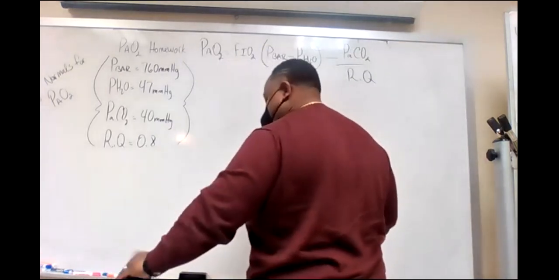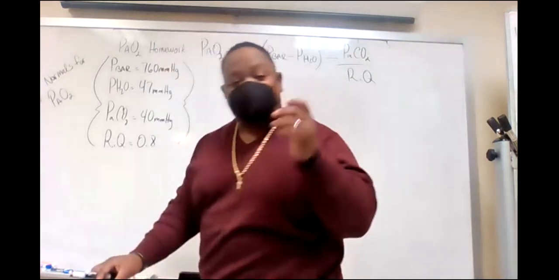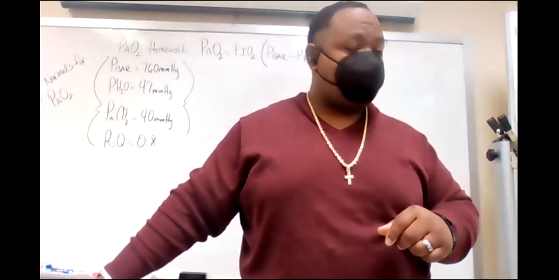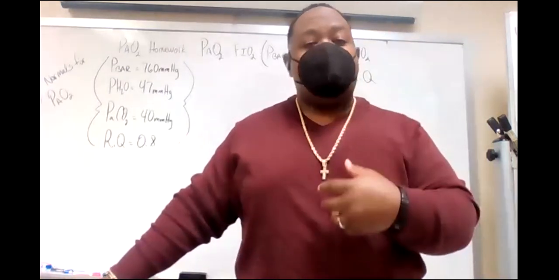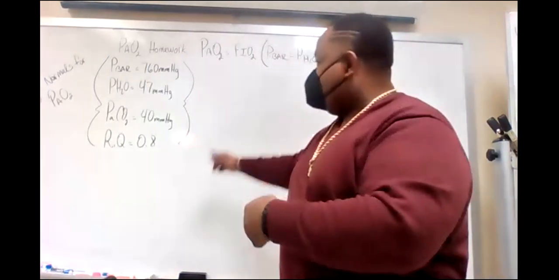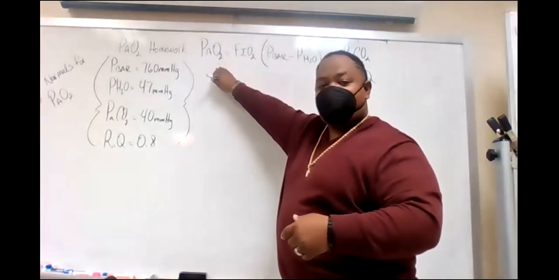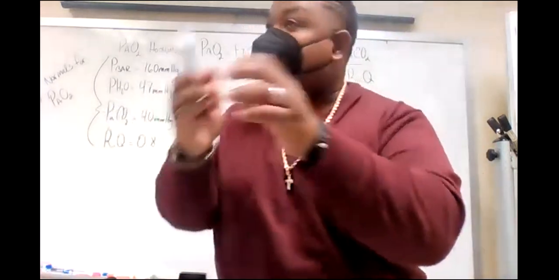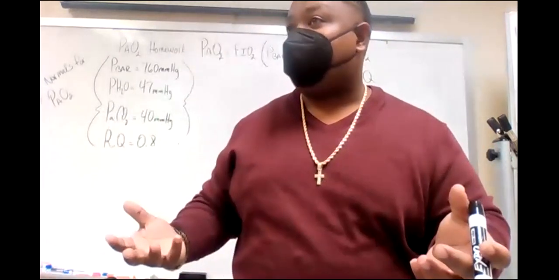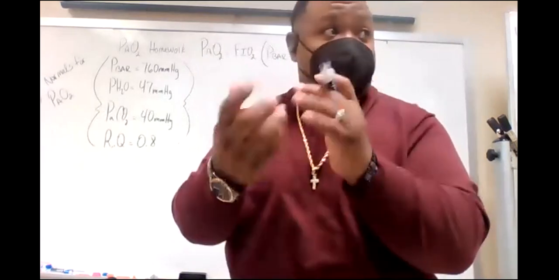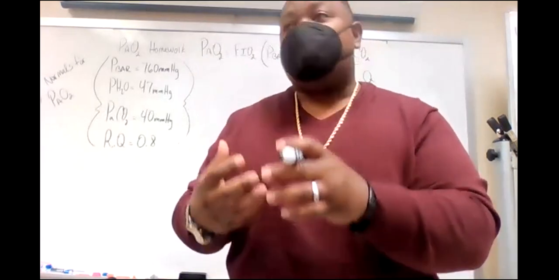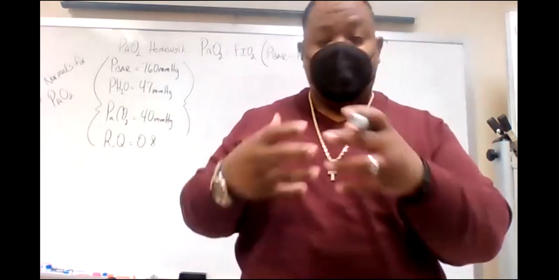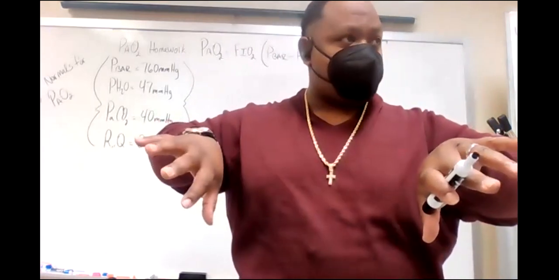The Aa gradient is the difference between the alveolar oxygen pressure and the arterial oxygen pressure. When we inhale and get this alveolar oxygen tension in our lungs, it should readily transfer into the arterial blood, since the capillary is right there ready for gas exchange. But sometimes it doesn't get across for whatever reason, and there's a gap between the two.